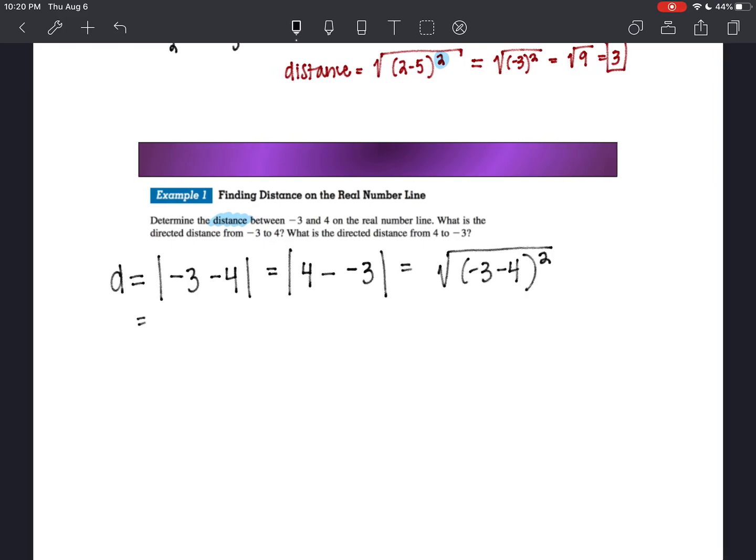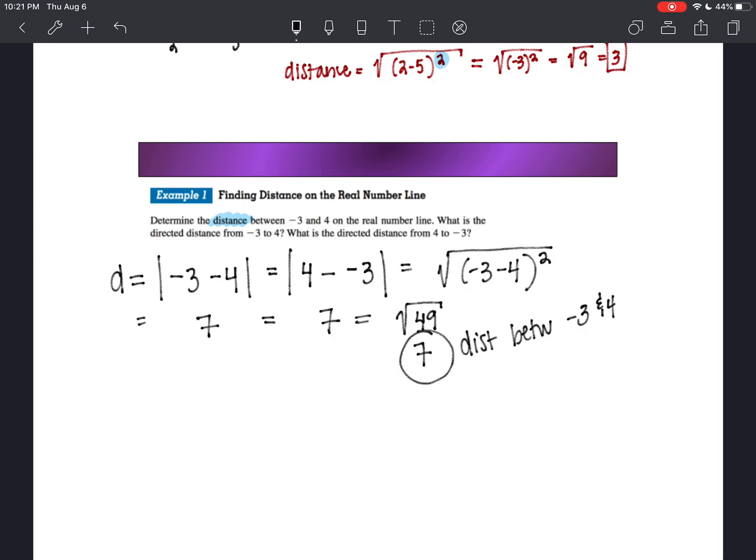And in every case, we're going to get 7. So the absolute value of -7, the absolute value of +7, the square root of 49. And the principal square root is always positive. Therefore, the distance from -3 to 4 is 7.